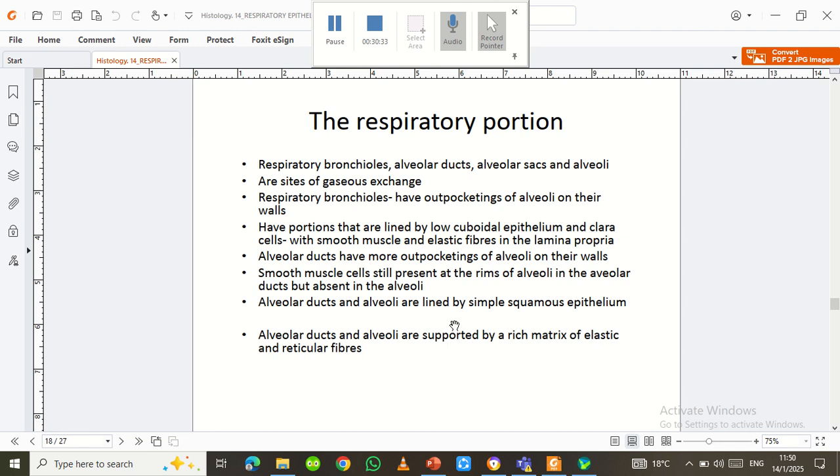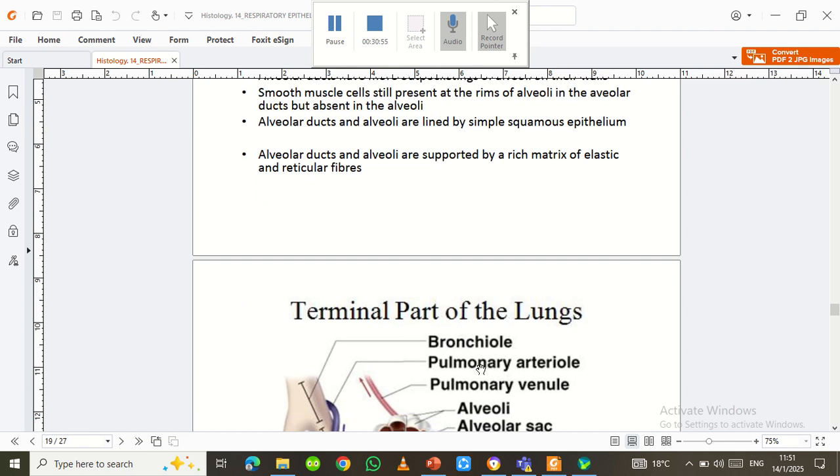Now, the alveolar ducts and the alveoli will be lined by squamous epithelia, classified as type 1 pneumocytes or type 1 alveolar epithelia. We're going to talk about it very soon. The alveolar duct and the alveoli are supported by a rich matrix of elastic and reticular fibers. We have said this.